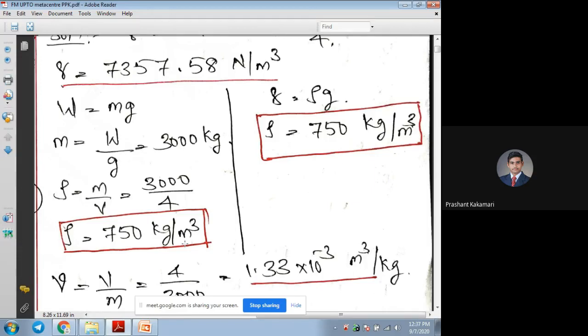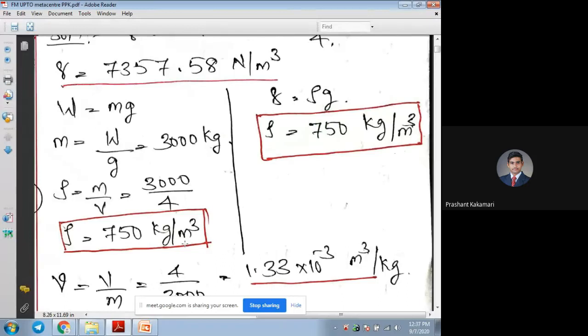One more way is we know the density definition. Density definition is what? Mass per unit volume occupied by the fluid. So mass is how much we are getting here. Mass is around 3000 kgs as per the above relation, and volume is already given in meter cube, 4 meter cube.